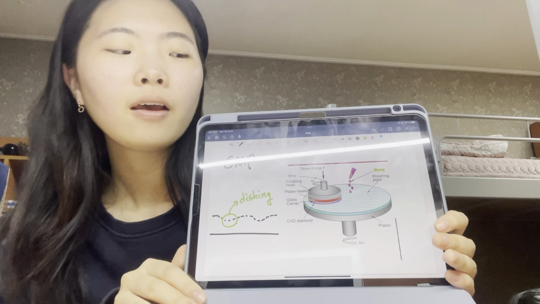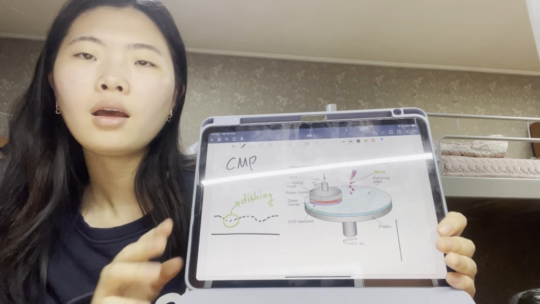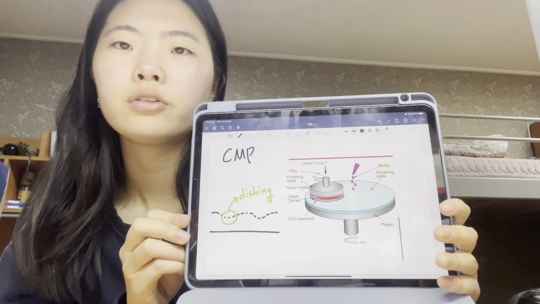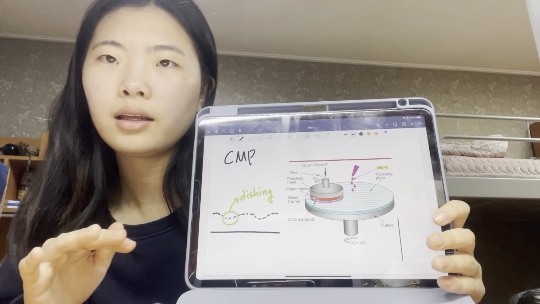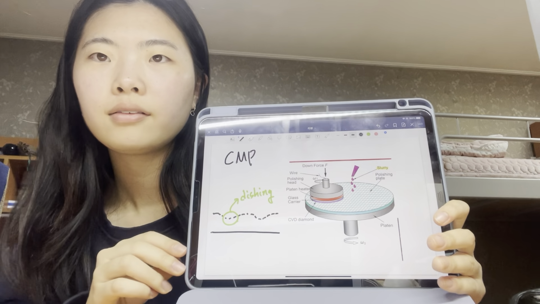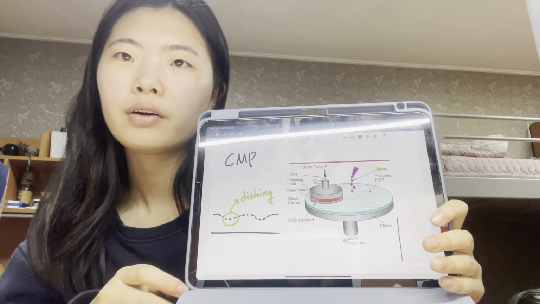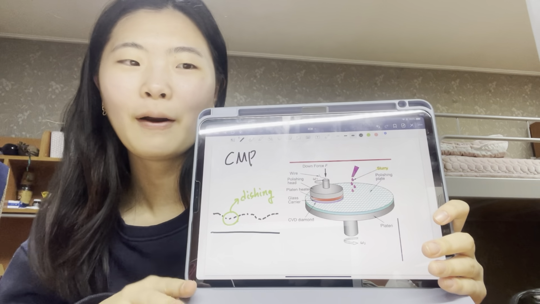If we want to polish something, it works the same way. So the polishing head makes the wafer very clean. So after polishing, we can get a very clean wafer.